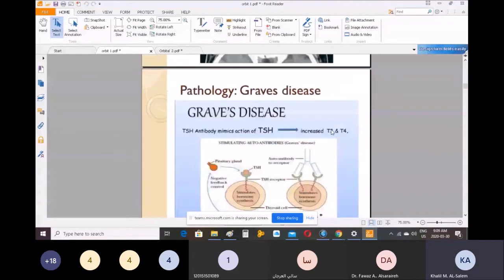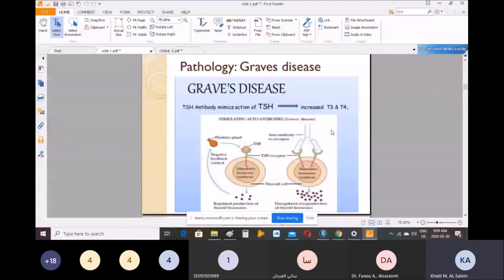Now we'll be talking about Graves' disease. Graves' disease is a hypersensitivity reaction. It's an autoimmune disease. The whole problem is that you have something called TSI, thyroid stimulating immunoglobulin, which attaches to the TSH receptor at the thyroid gland and at the soft tissue in the orbit.